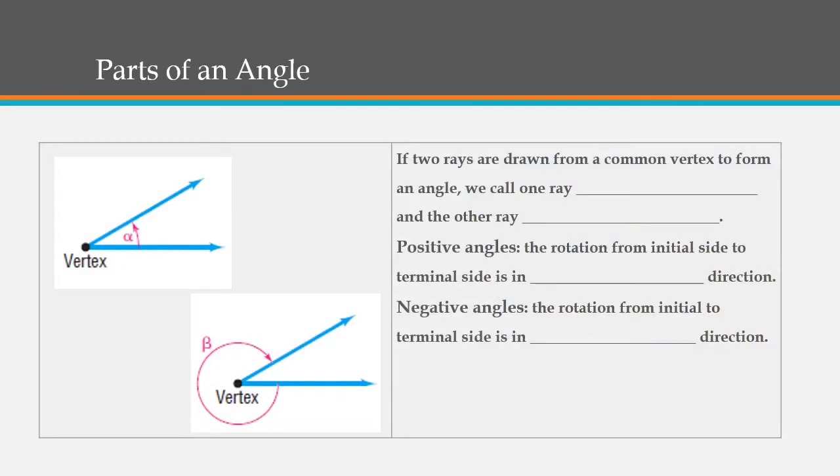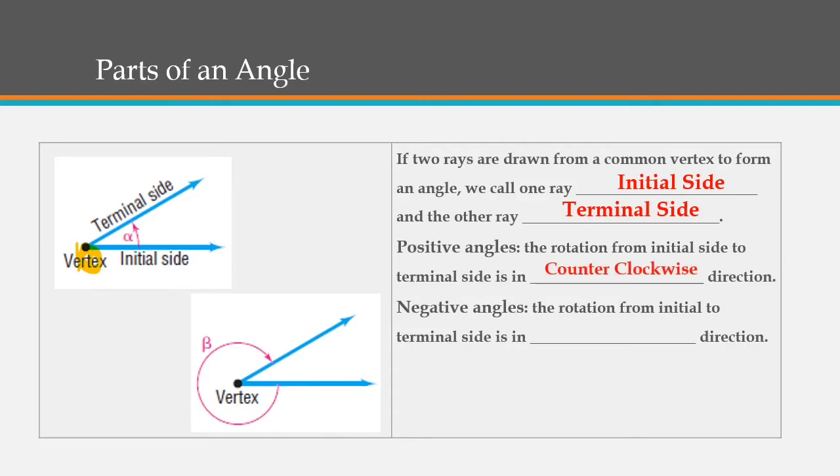If two rays are drawn from a common vertex to form an angle, by common vertex, we're talking about that part right there. We call one ray the initial side and the other ray the terminal side. Positive angles, the rotation from initial to terminal side is in the counterclockwise direction.